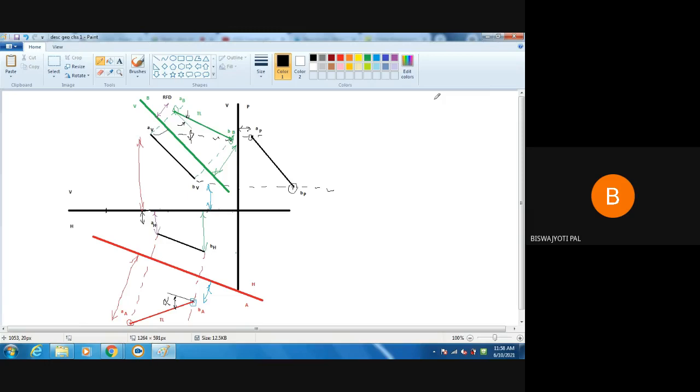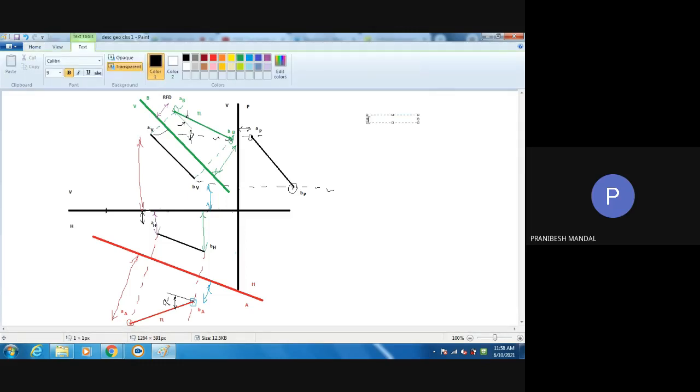Sir, how do we make the projections? The question gives the coordinates, so from those coordinates I had shown it at the very beginning. You see, this is your origin, okay? Tell me, suppose it is given as 25, minus 10, 40.